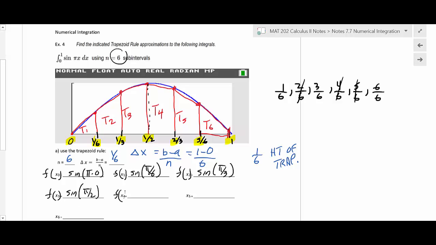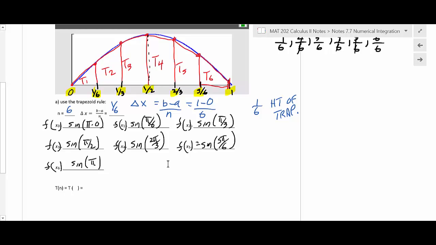Then f of x4, x4 is going to be the 2/3, so that will be sine of 2 pi over 3. And f of x5, I'm going to use 5/6, so that's going to be sine of 5 pi over 6. And then finally f of x6 is going to be sine of 1 pi, or just pi. Okay? Everybody solid?